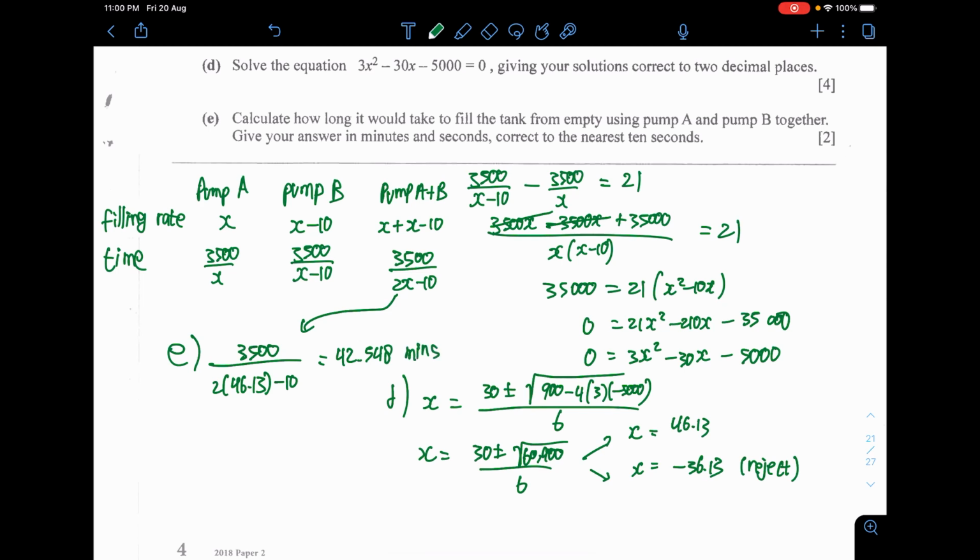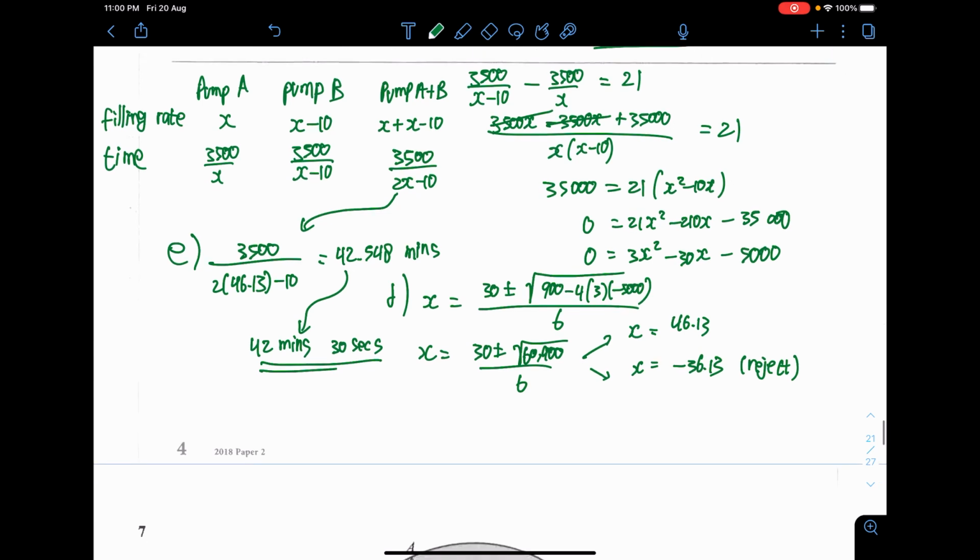They want to correct it into minutes and seconds, nearest 10 seconds. So that will be 42 minutes plus half a minute, and you know that half a minute is around 30 seconds. I mean, you are correcting this to the nearest 10 seconds. And that's the answer. I think part E is the part that a lot of people do not know how to solve, when the pumps are pumping together.